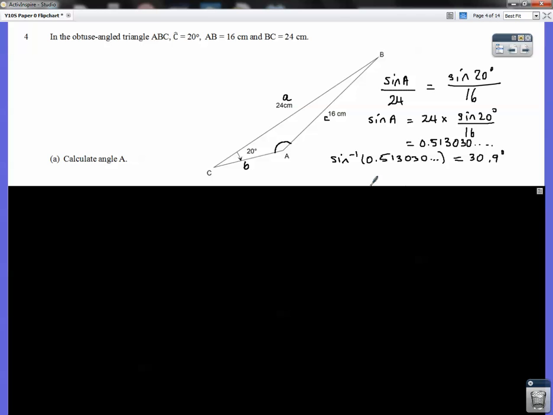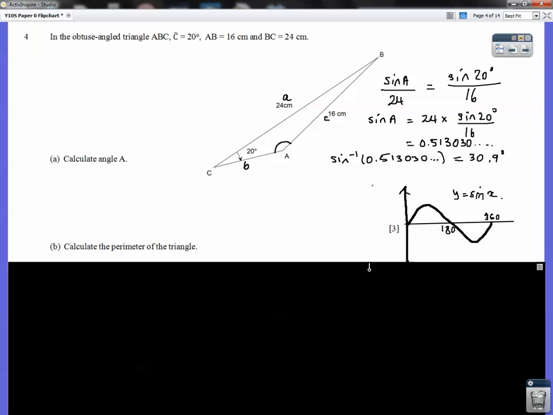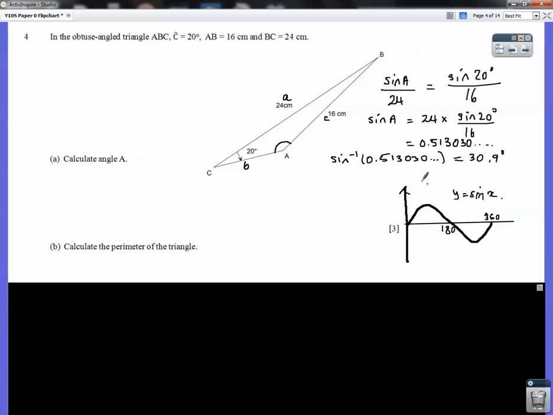So this question is testing whether we're able to think about the fact that for the sine of an angle, there are many angles that have the same sine. Now, if we look at a sketch of y equals sine x, the 30.9 degrees corresponds to, say, somewhere around here.